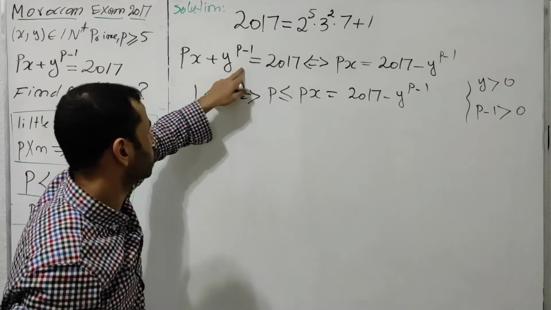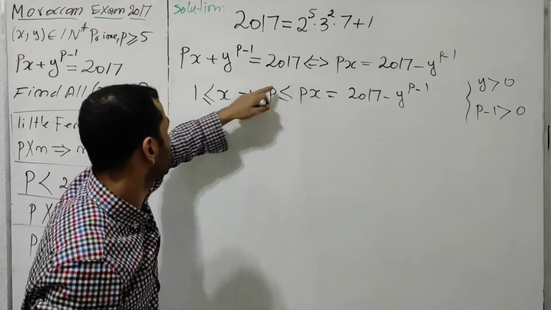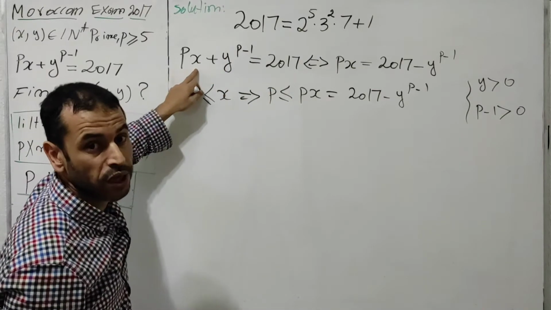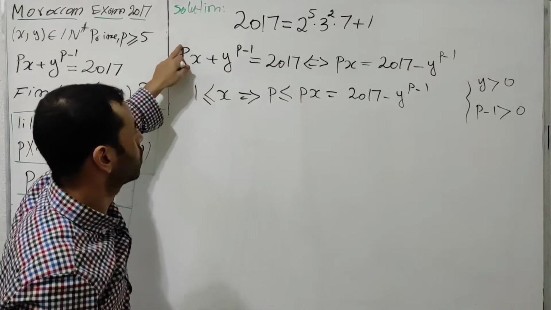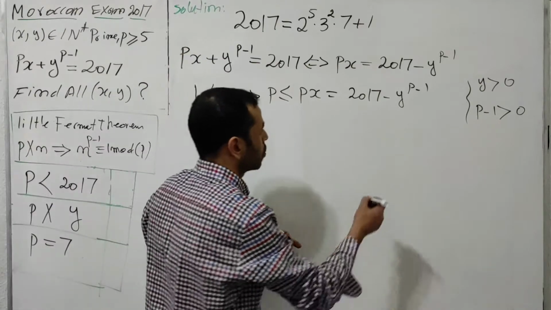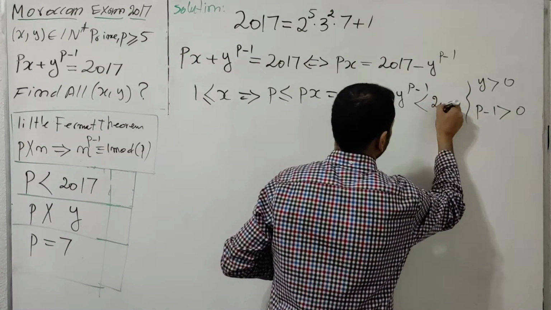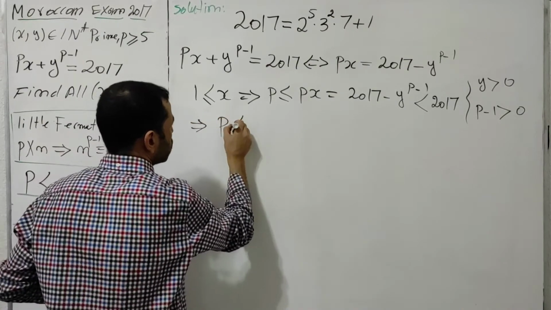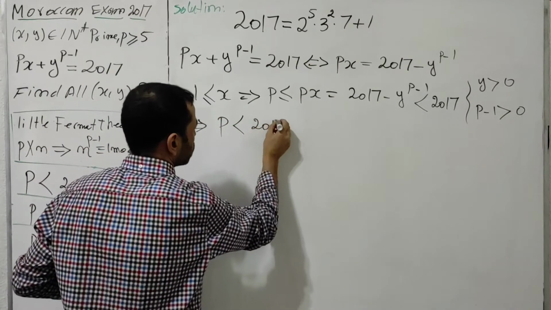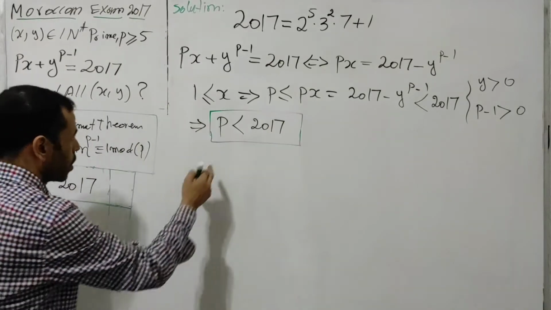That means px is strictly inferior to 2017, since x is a positive integer and p is positive as well. This implies p is strictly inferior to 2017. So we have proven this one.